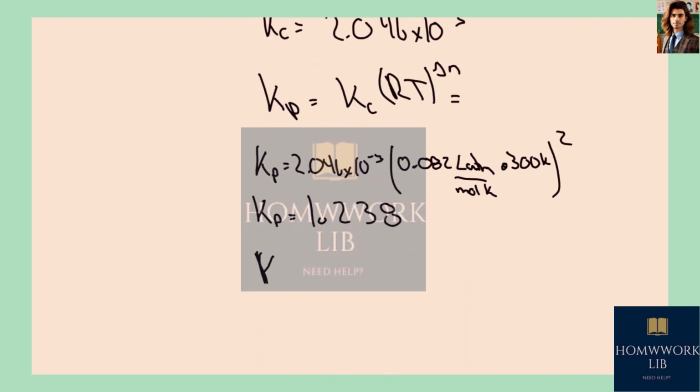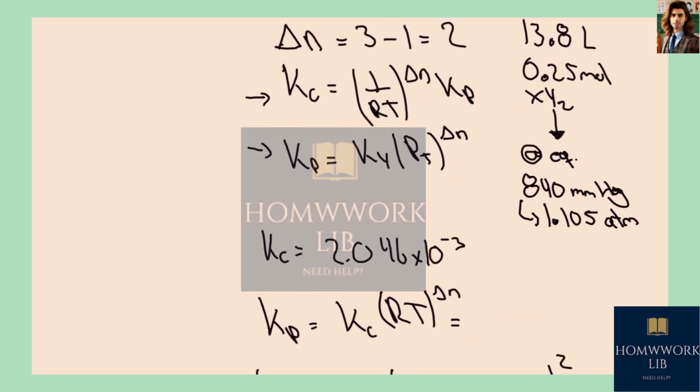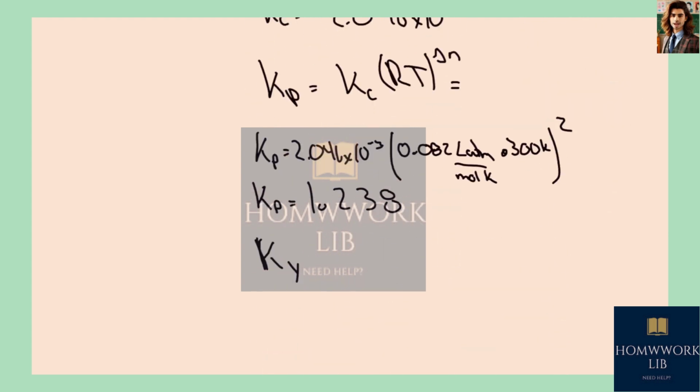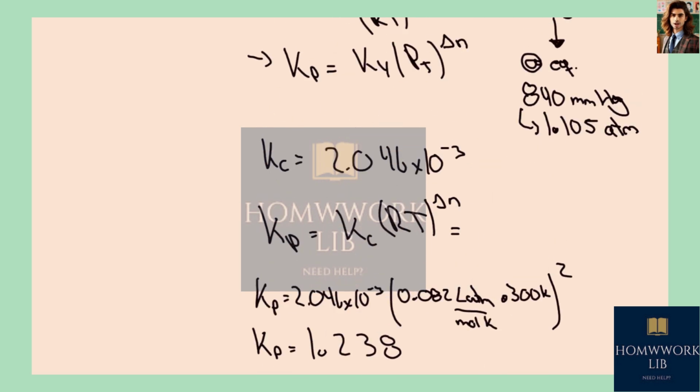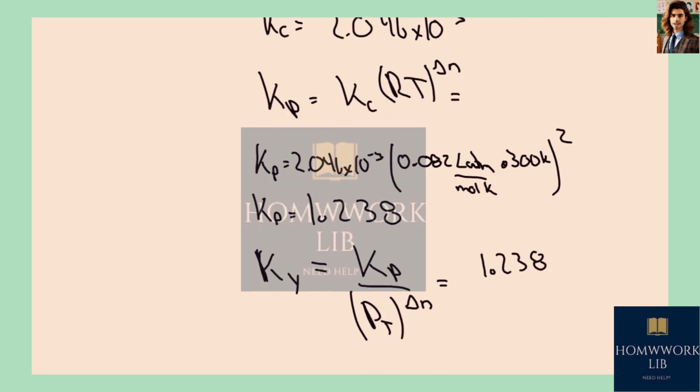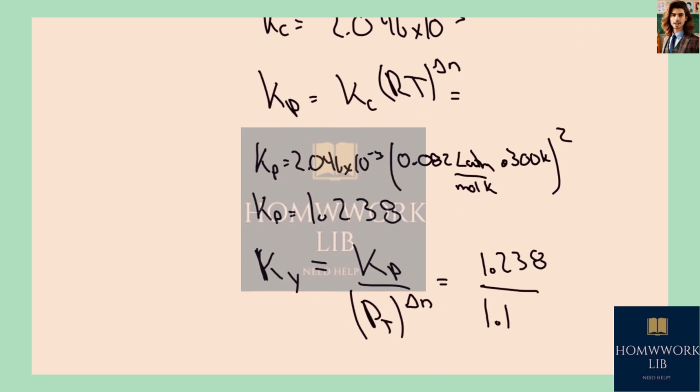Now we can proceed to the calculation of Ky. Kp and Ky are related, as this equation states. So the value for Ky is going to be equal to Kp divided by the total pressure multiplied by the change of n. So this is going to be 1.238. We said that the total pressure was 1.105 atmospheres.